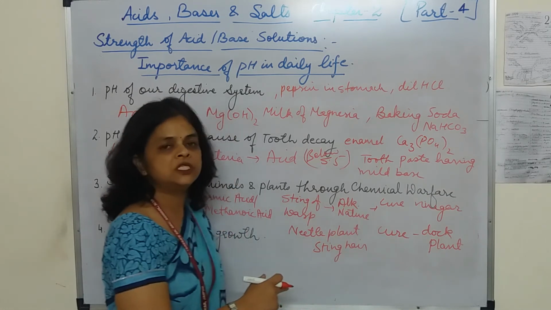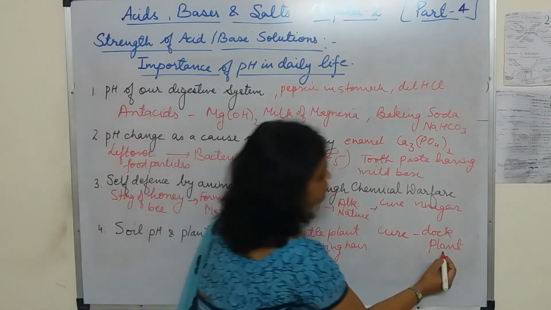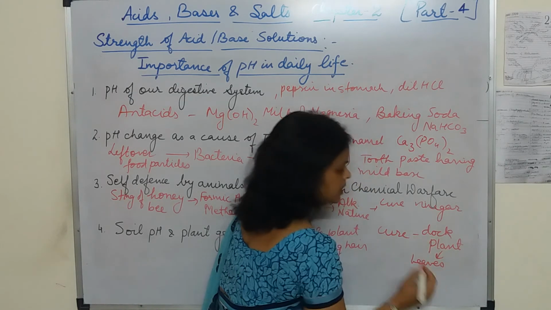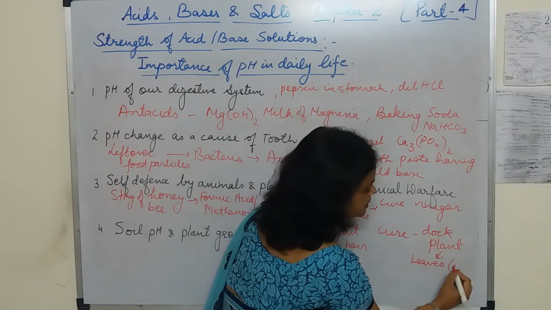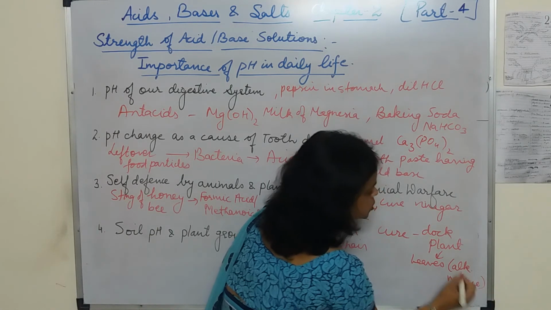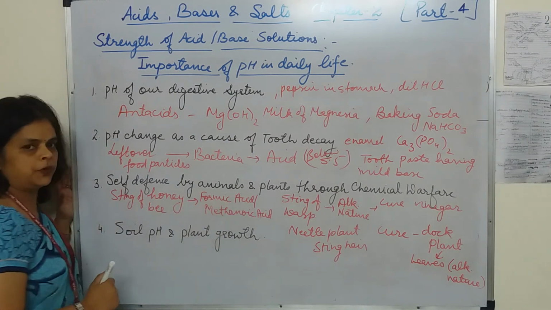The acid which is present over there is the same as formic acid. So we will write down dock plant leaves. Okay, they have an alkaline nature. So in this way, again the neutralization reactions cure the problem.